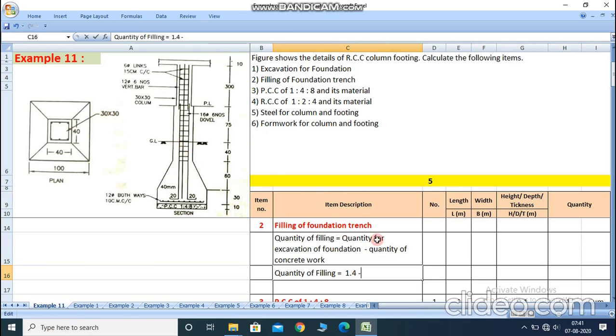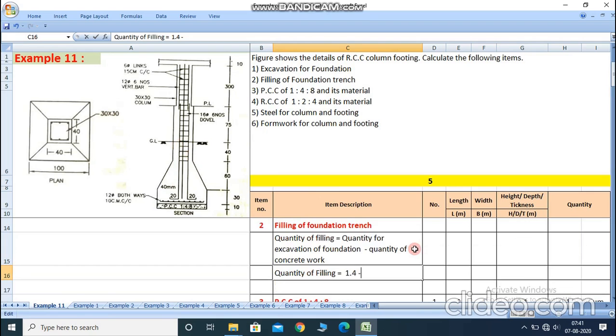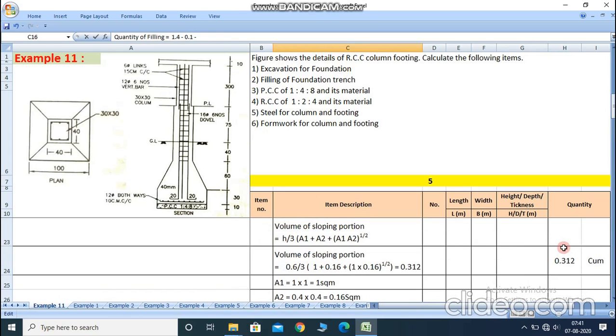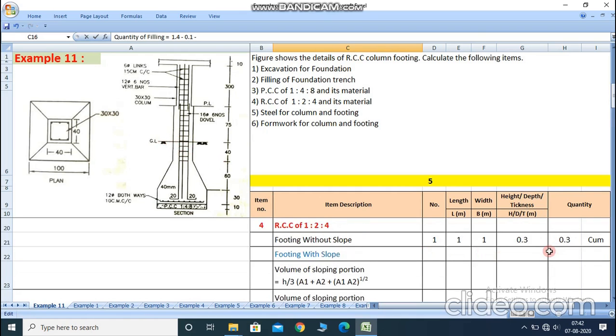So here all the parts we calculated in this example. PCC work is 0.1 meter cube, so minus 0.1. RCC work: footing without slope is 0.3 and footing with slope is 0.312, and the part of the column below ground level, up to this portion, is 0.064.